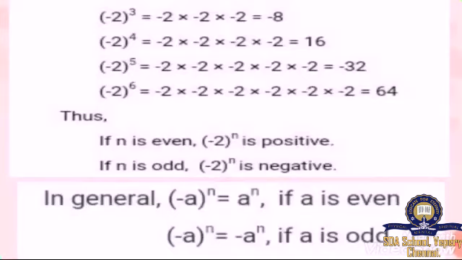In general, we say (-a) raised to the power n is equal to a raised to the power n if n is even. The other condition is (-a) to the power n is equal to minus a raised to the power n if n is odd.